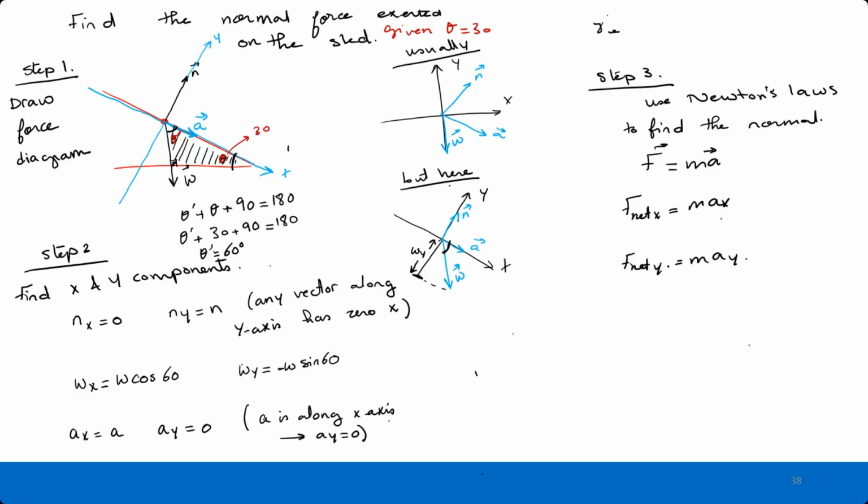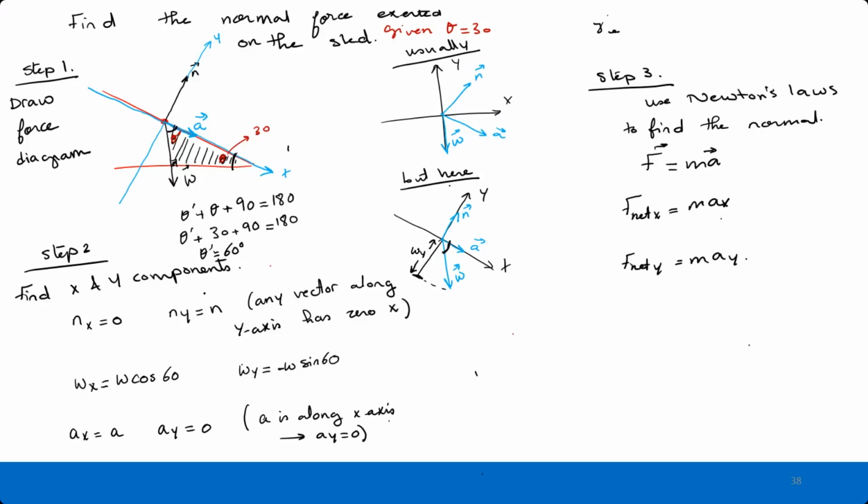Now I'll try to find the normal force. Now I want you to choose wisely here. I can work on F net along the x-axis and then along y and see which one will give me the normal force. But if you look at our equations here, nx is 0 and ny is n. So to find the normal, it's more convenient to study the y direction, because the x direction does not give me the normal force.